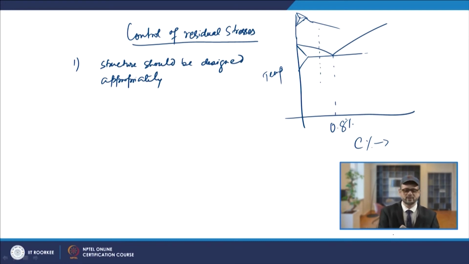Then the second thing we can do is, because these are caused by thermal strains, we can reduce the amount of weld metal. If the weld metal is in a large volume, the thermal strain generated will be larger.